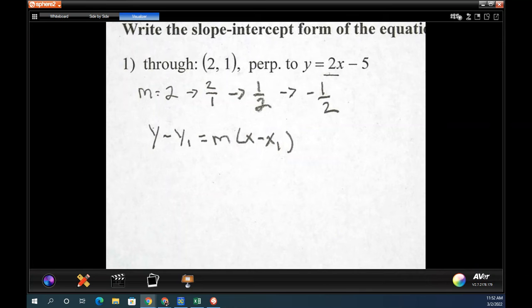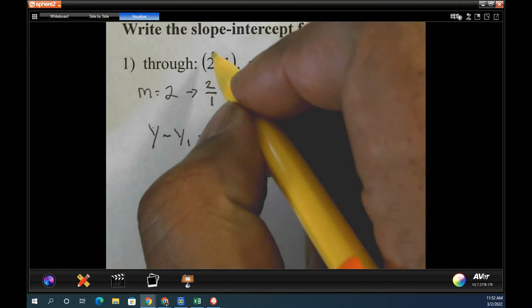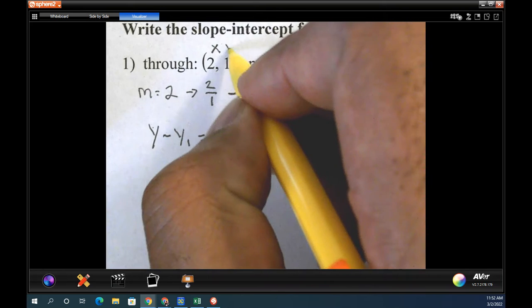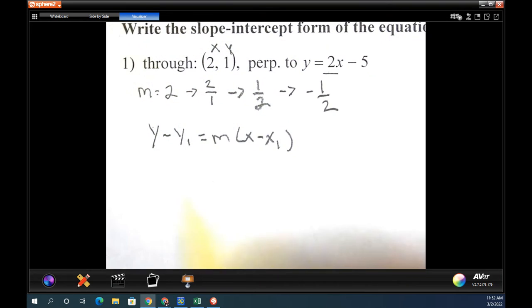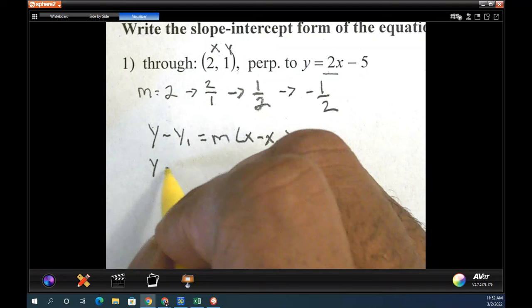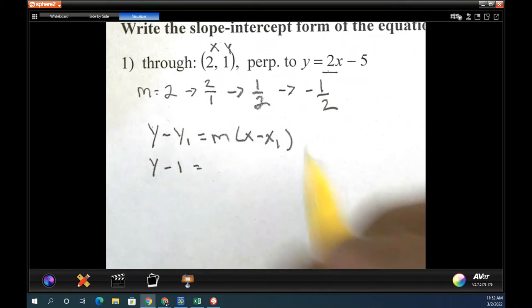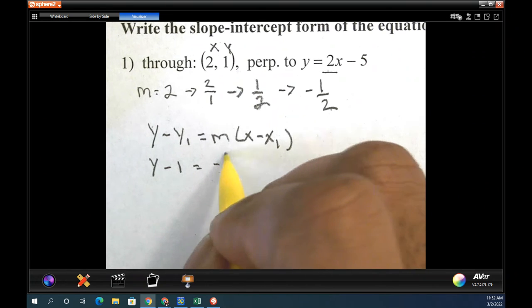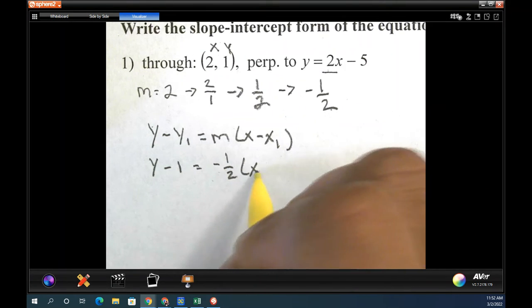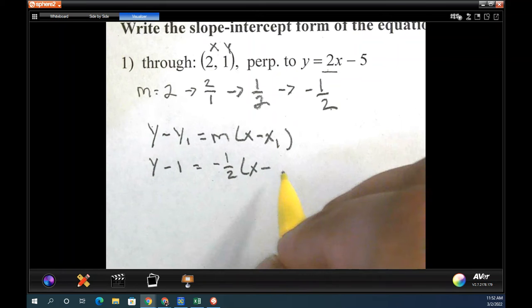Point slope formula. So all you need is a point and the slope. There's your x, there's your y. So this would be y minus 1 is equal to our new slope, negative 1/2 times x minus 2.